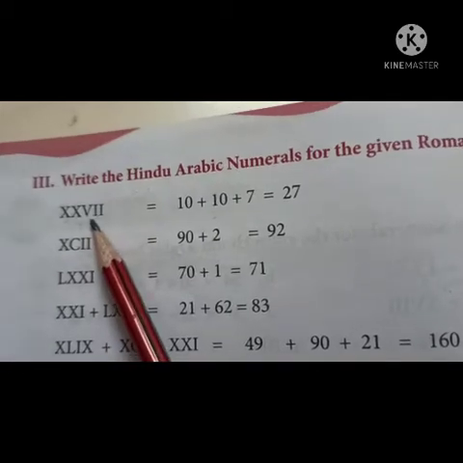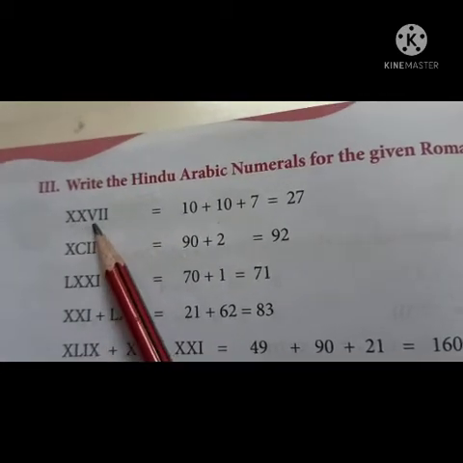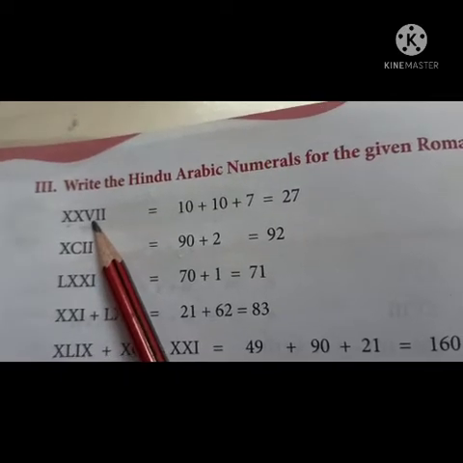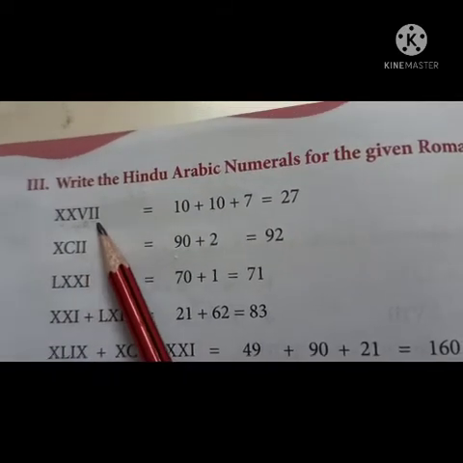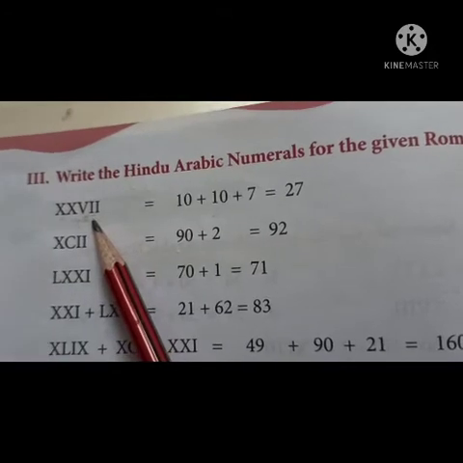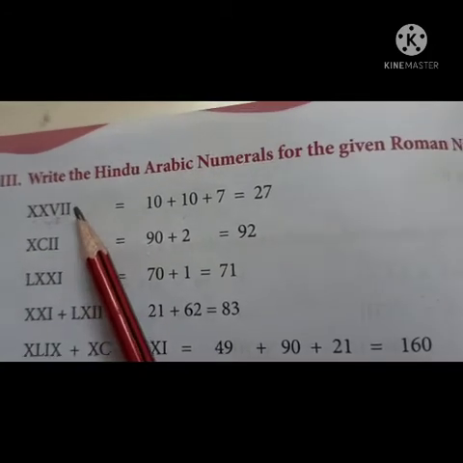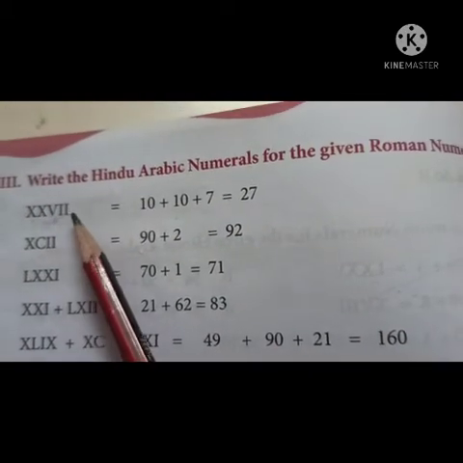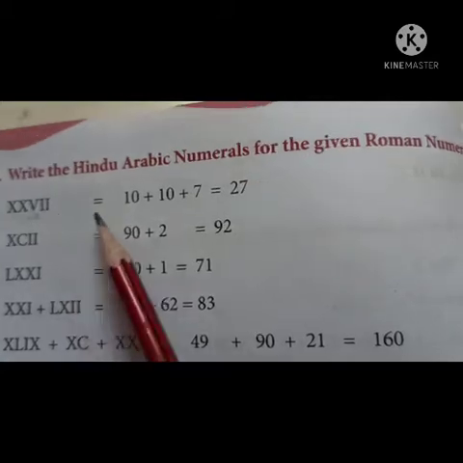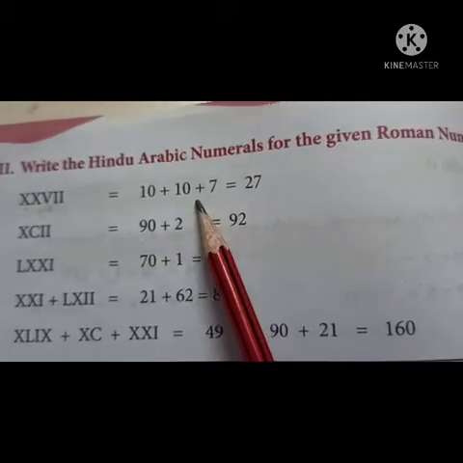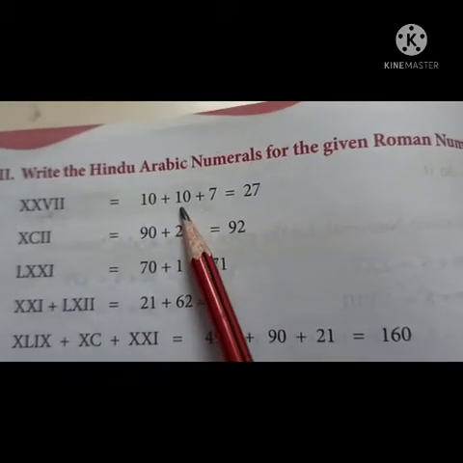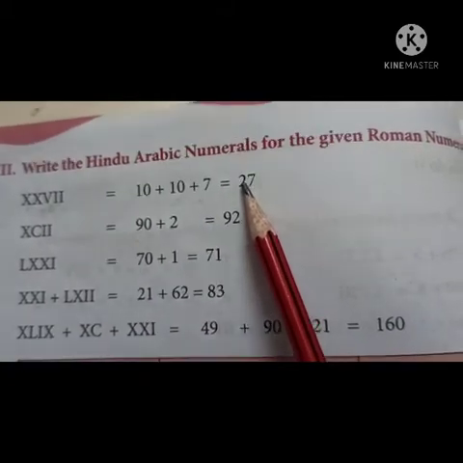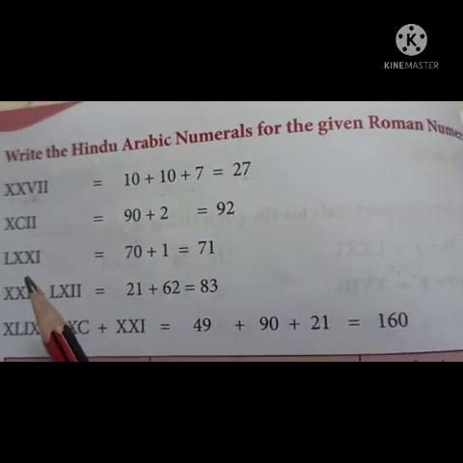V has the value of 5, and this is the value of 1, and again 1. So this should be 5 plus 2, that is 7. So 10 plus 10 is 20, 20 plus 7 is equal to 27. Alright, we got the answer.